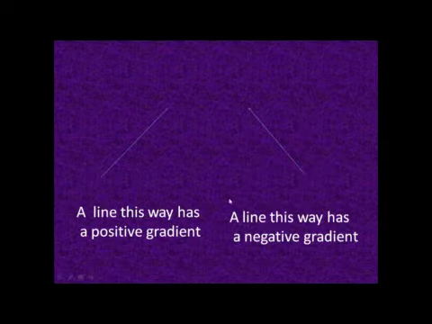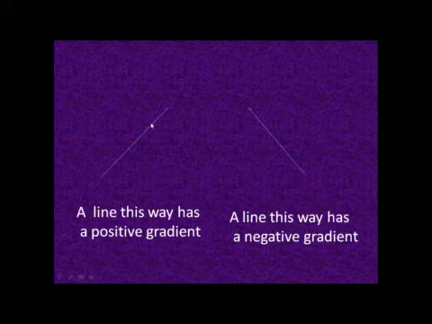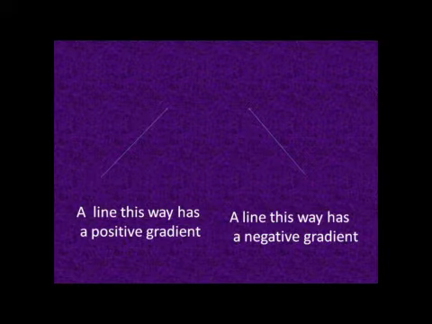You first have to recognize whether the line is pointing right or left, and then you know that a line pointing towards your right has a positive gradient, and a line pointing towards your left has a negative gradient.